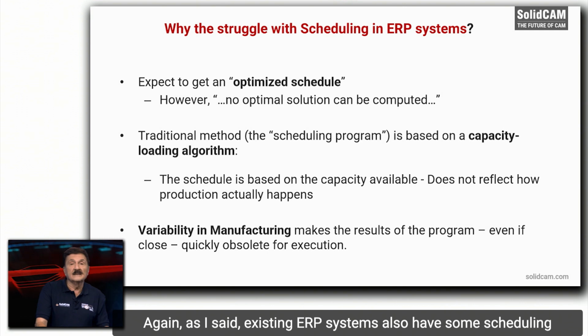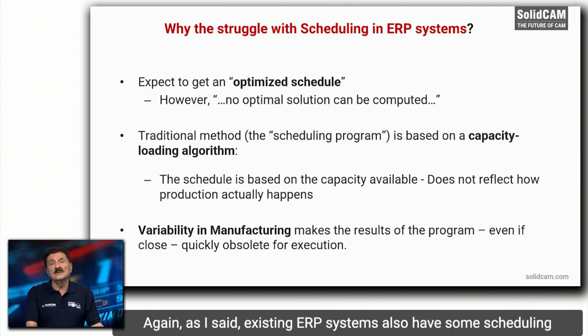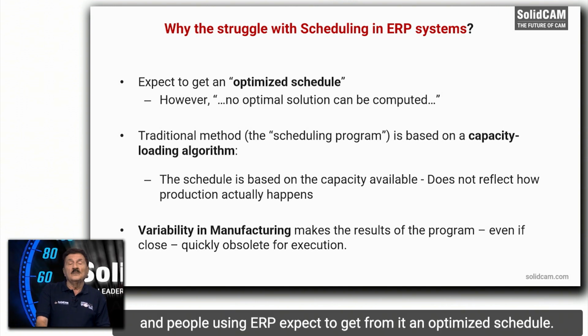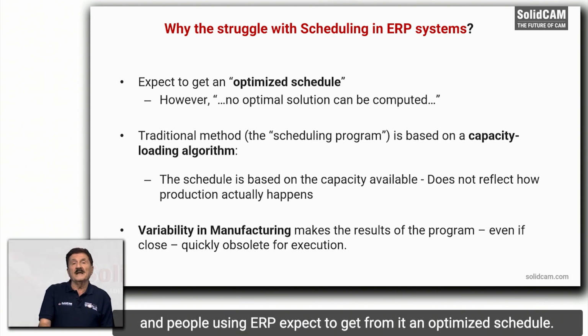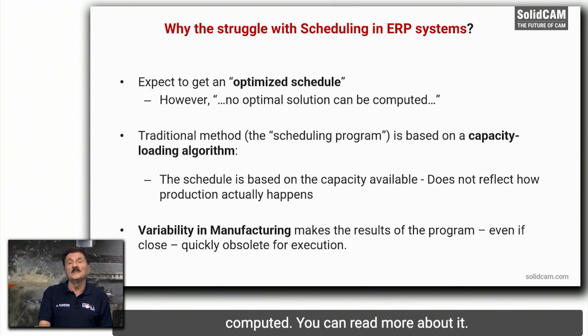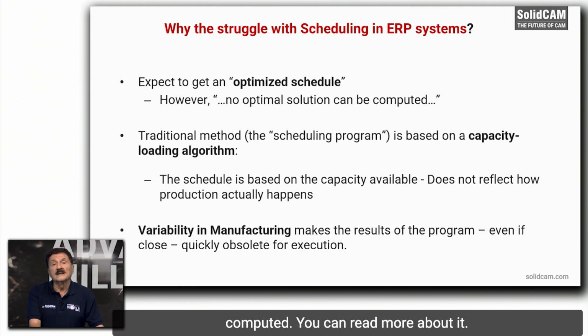Again, as I said, existing ERP systems also have some scheduling. And people using ERP expect to get an optimized schedule from it. However, this optimal solution doesn't exist. It simply cannot be computed. You can read more about it.